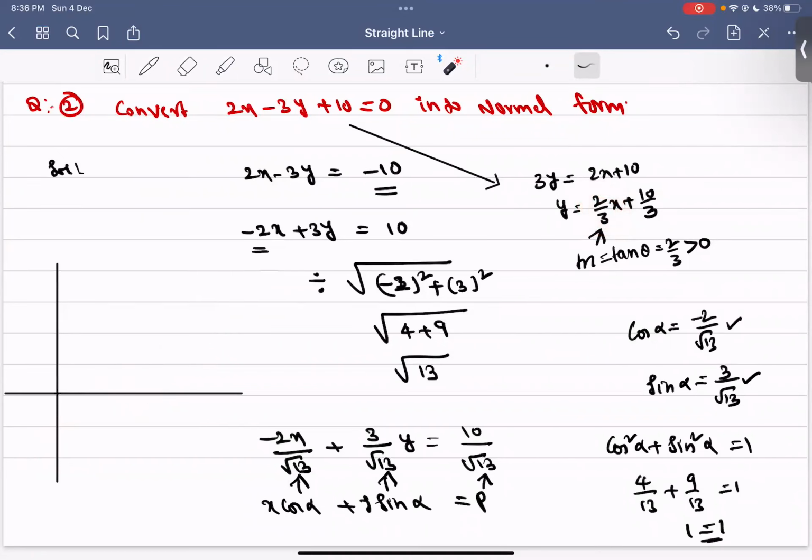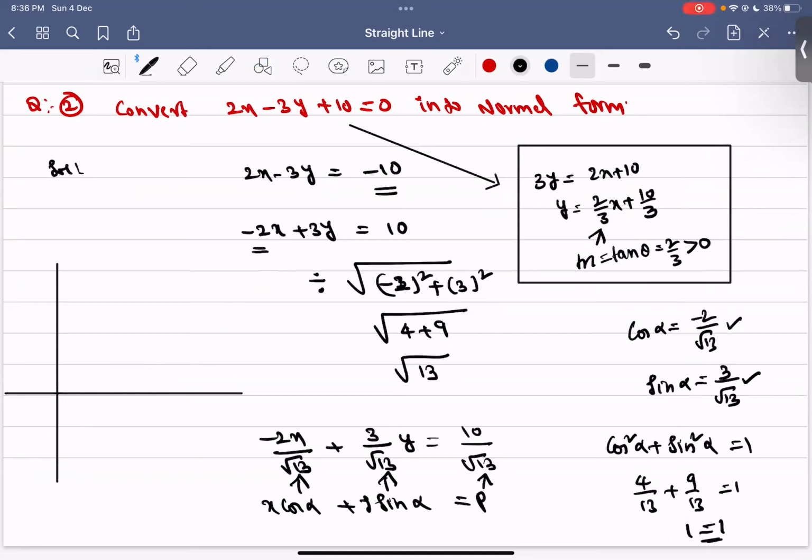Now where does this intersect the x-axis? On the x-axis y is 0. If you put y equal to 0, then what do you get? X is equal to minus 5. It intersects the x-axis at minus 5 comma 0. On the y-axis x is 0.